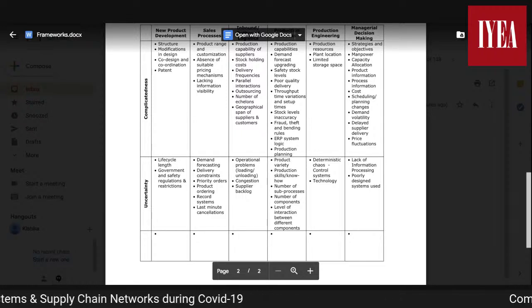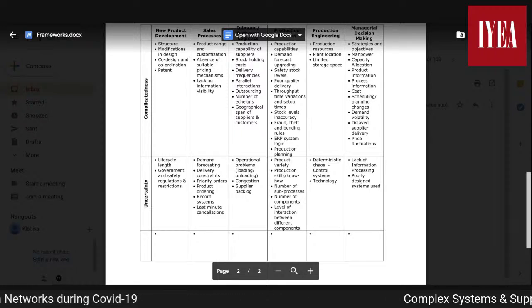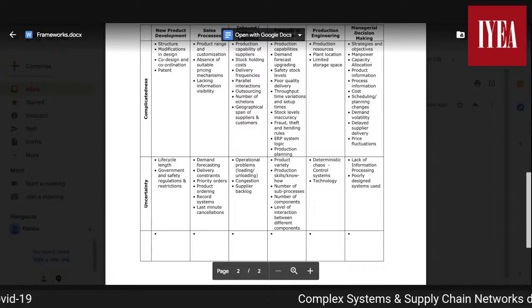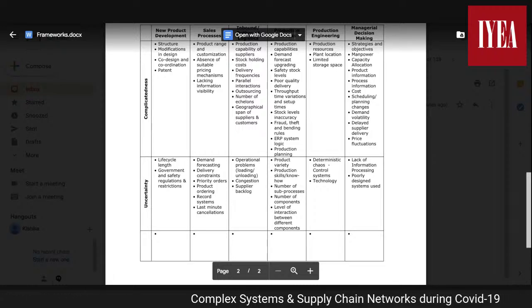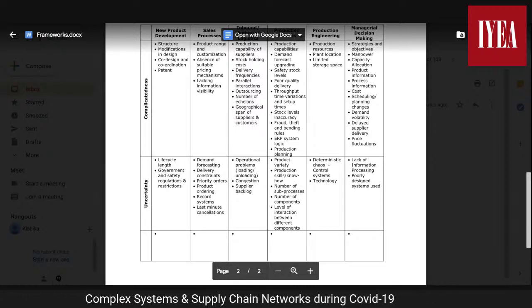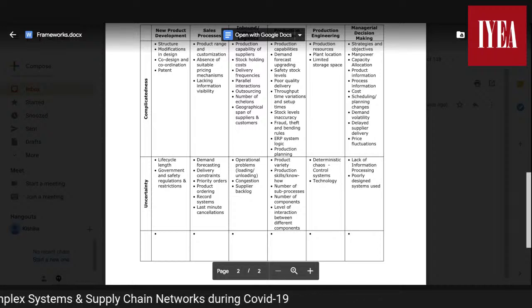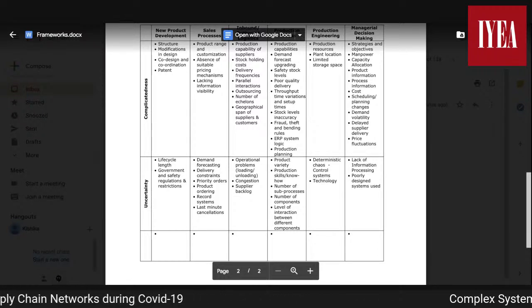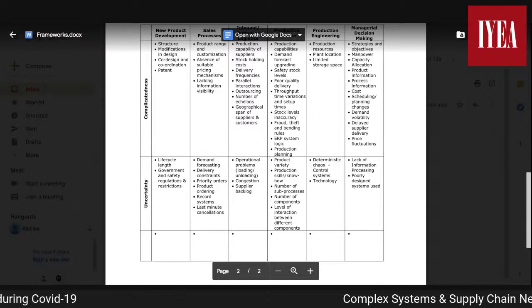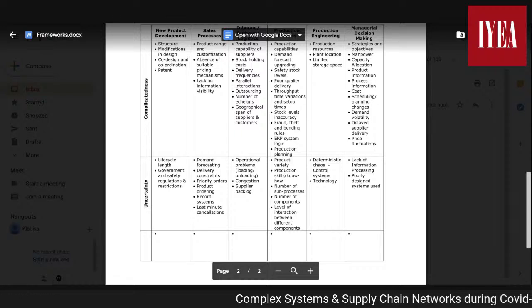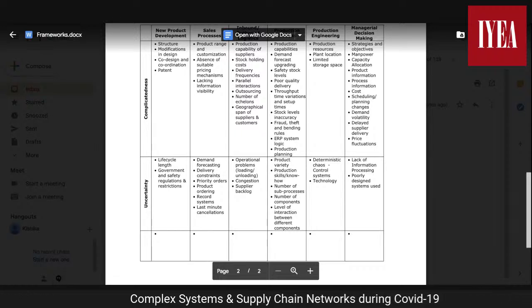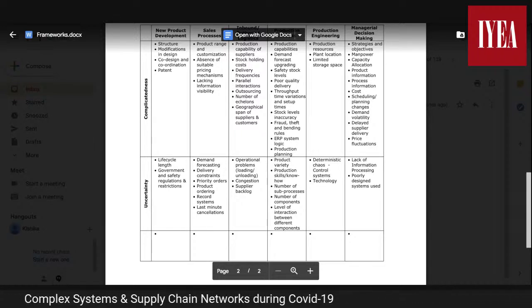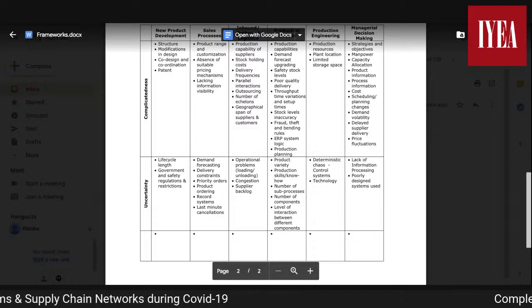So complicatedness is quite product driven due to the nature and the variety of assays and the nature of the products involved, and each has different raw materials to it. And of course, the geography of the operations is also an issue here, because it's important to get the right kind of communication between suppliers and to make sure that the products are reaching the customers at the right time.